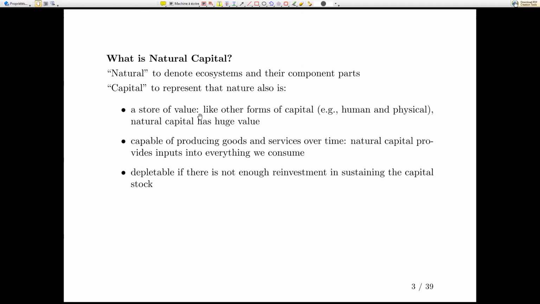It's a store of value, because we can use it to generate production, so it's capable of producing goods and services. But it's also a store of value in the sense that if you don't use it, it's still there and you can use it at some point. So it's stored there, but it's depletable, because once you use it, it's not sure that you can get it back.